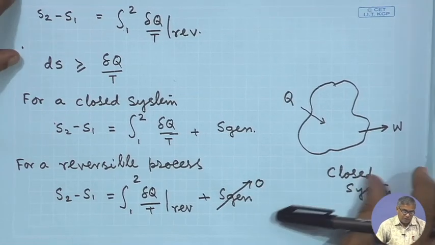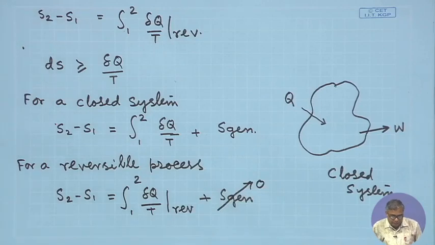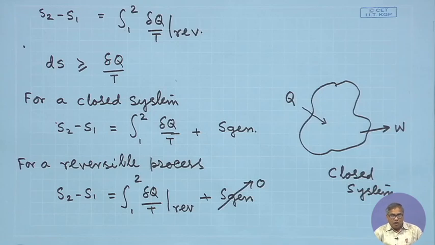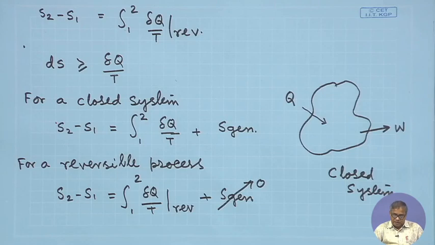So, this is one of the very important equations, sometimes we call it the entropy balance equation. You see, in the first law we have got an energy balance equation, and in this case we are getting an entropy balance equation, and this entropy balance equation essentially will contain one term which is called S gen, that is entropy generated, because most of the processes are irreversible processes.